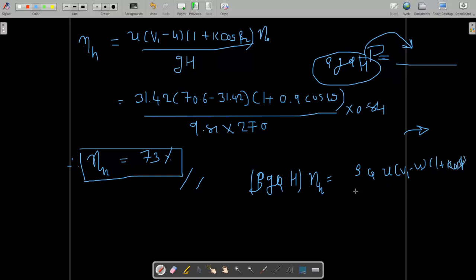But there are mechanical losses also, due to bearing friction and sliding friction. So the overall efficiency term is also multiplied here. So this rho into q will get cancelled, and hydraulic efficiency will be given by this equation. Okay, hope you guys understand.